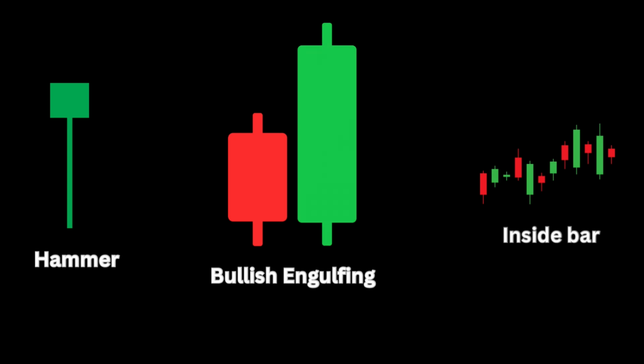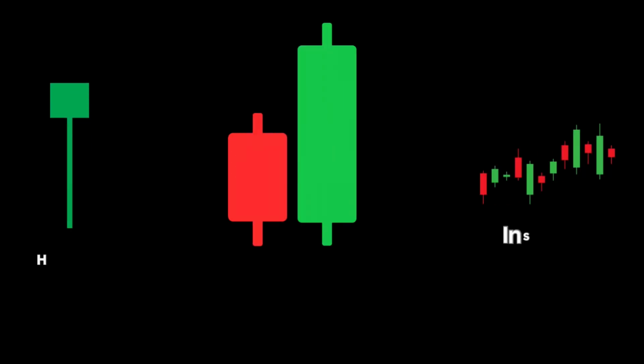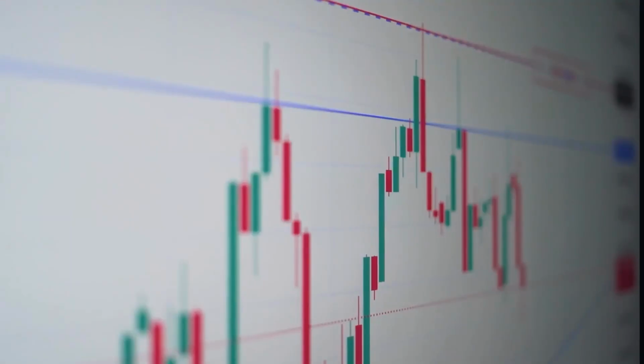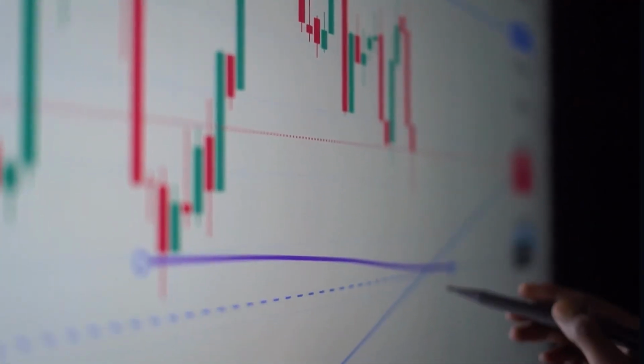They generally show you momentum shifts. And you also have inside bars, which often appear during a consolidation just before a breakout.